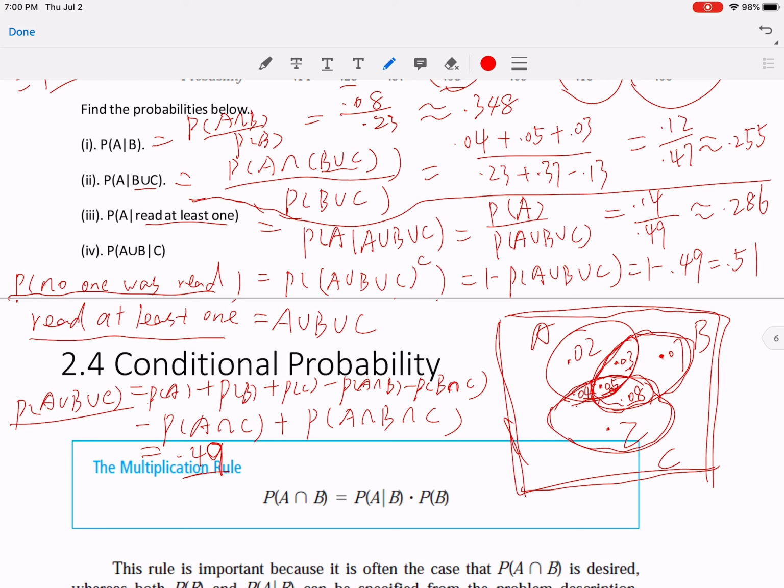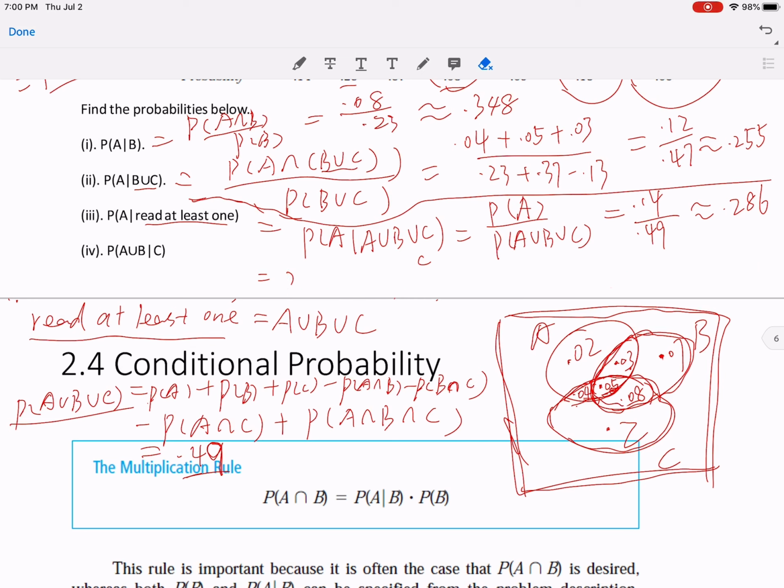Okay, once this is clear, let's take a look at number 4 here. I'm gonna clean this part over here.